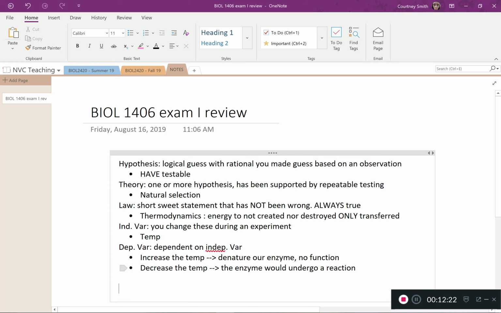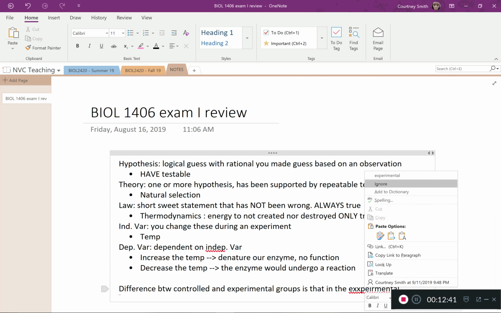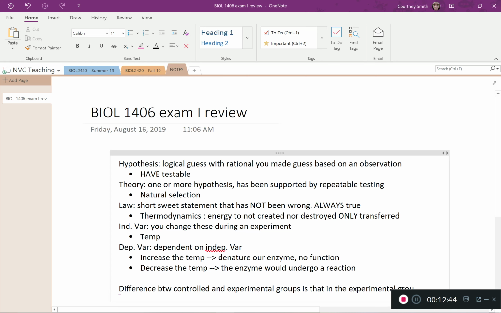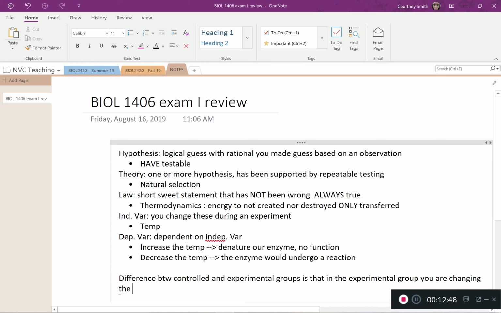So the difference between control and experimental groups is that in the experimental group, you are changing the independent variable, okay? That's the only thing that's different between them.